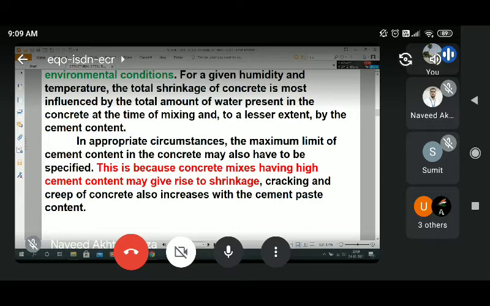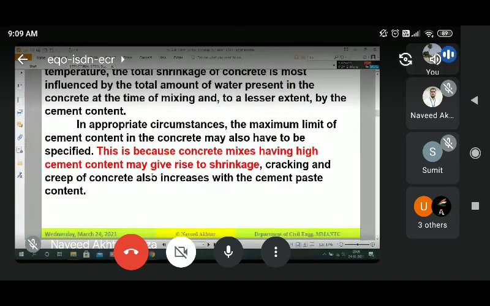An increase of cement paste content means there is more paste available, and shrinkage is generally due to the paste. Shrinkage does not occur in aggregates. That's why the paste and its properties, that is water and cement, influence shrinkage more.